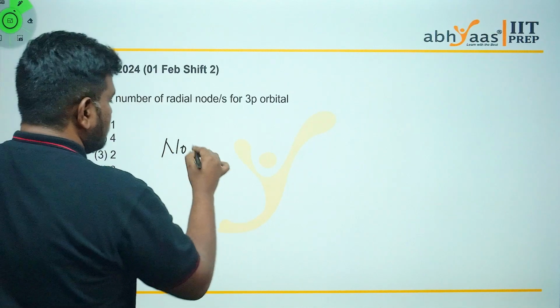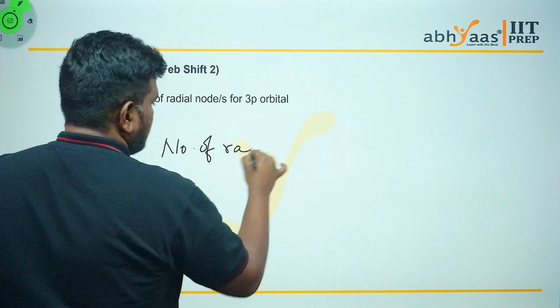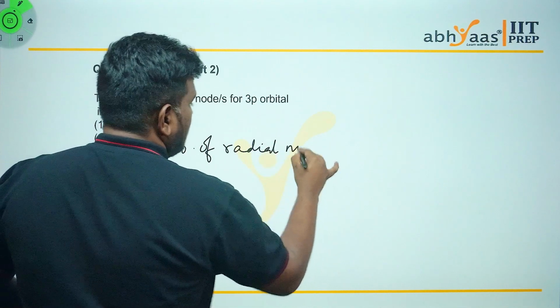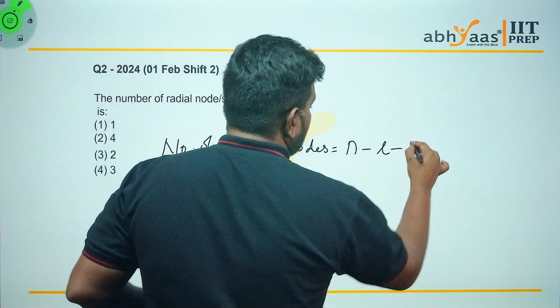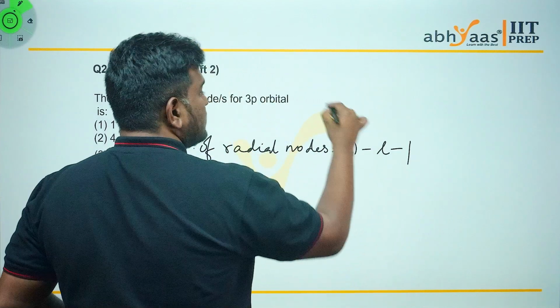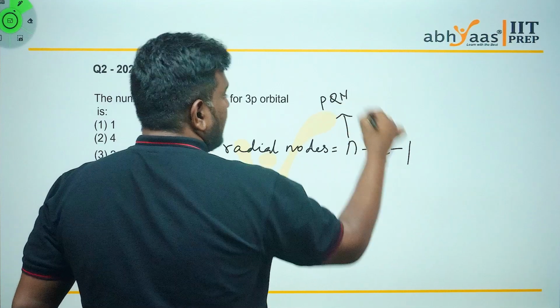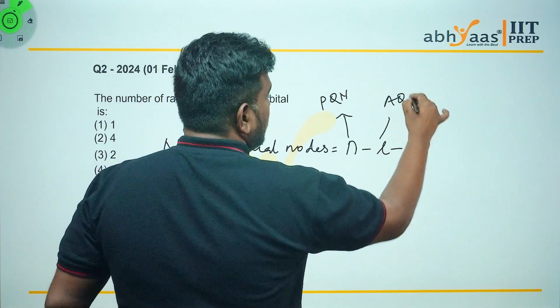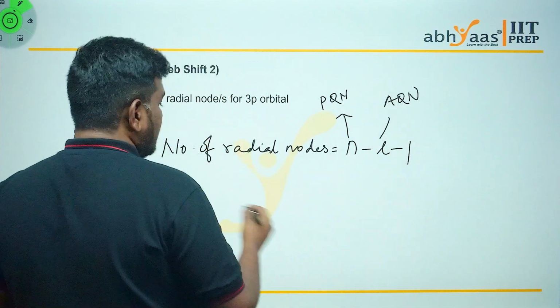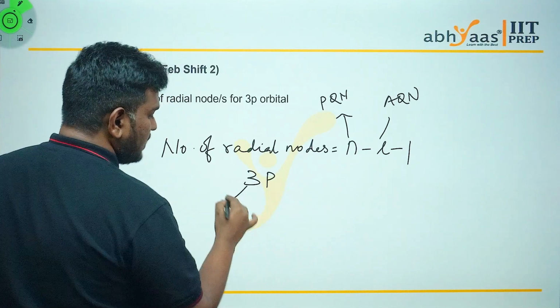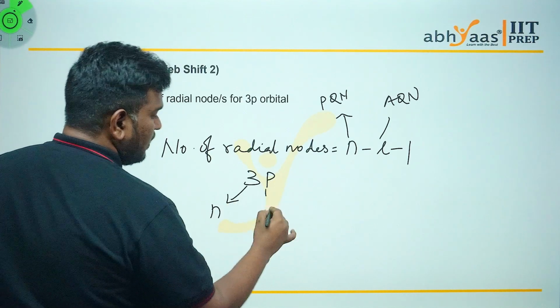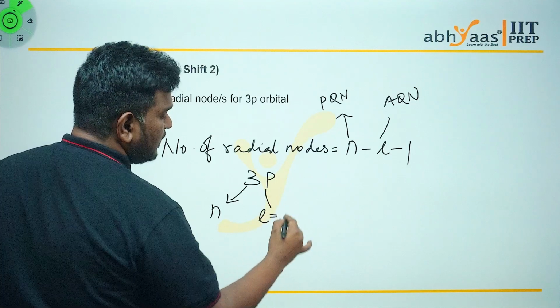Number of radial nodes is equal to n minus L minus 1. So n is the principal quantum number, and L is the azimuthal quantum number. Which orbital do we have? We have the 3p orbital. So 3p means 3 is the n value, and the L value for p is 1.